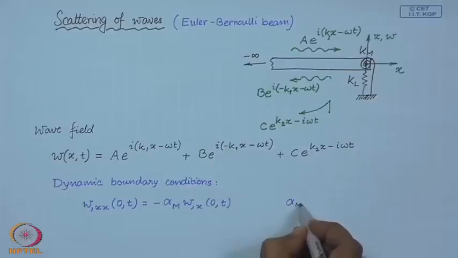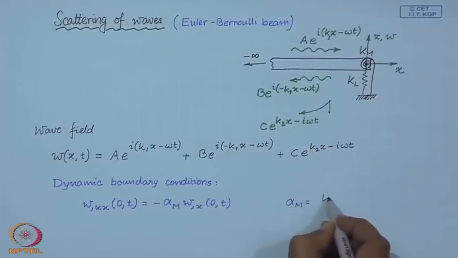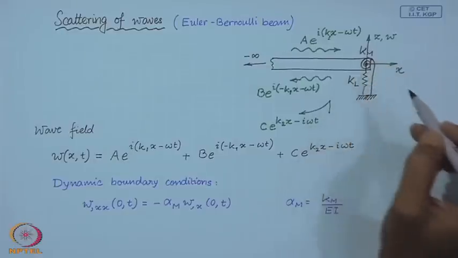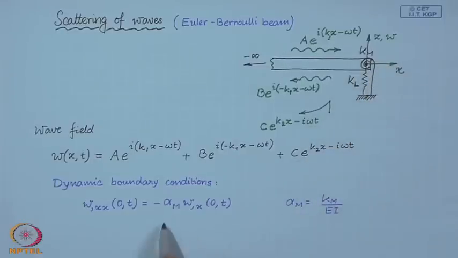where this alpha m is nothing but K m, the torsional stiffness, over E I, times the slope, which is going to give the moment, and similarly the shear force condition.